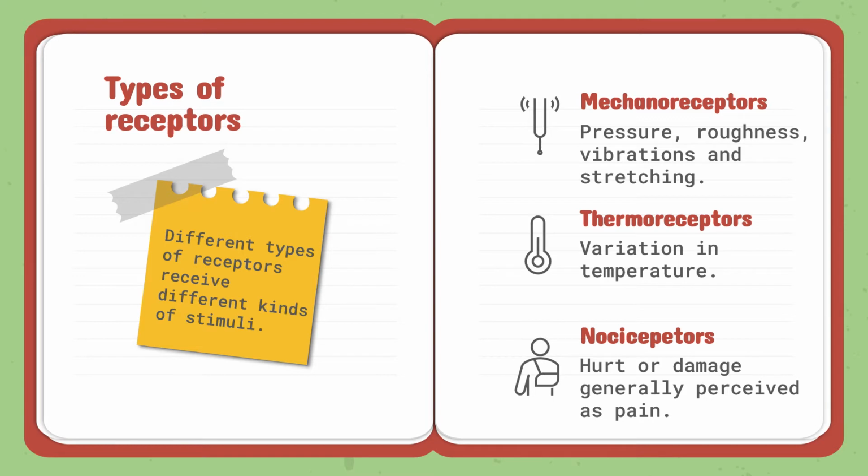Nociceptors respond to potentially damaging stimuli. So they detect if we hurt or damage our body, and we usually perceive this stimulus as pain. So now we're going to continue with other types of receptors.